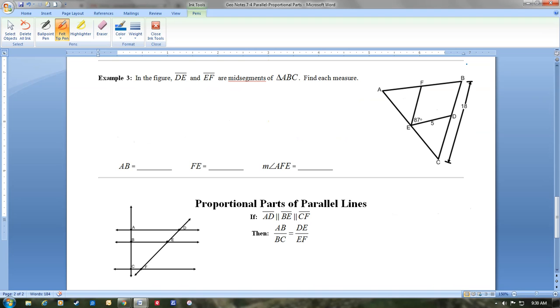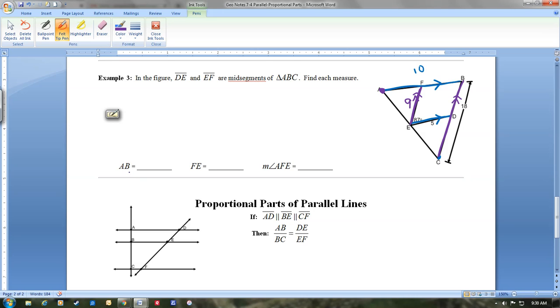So let's look at number 3. We don't have to show formulas, just mark up your picture. It says that DE is a midsegment, so that means it's parallel to this piece. And 5 is the average of 0 plus this, so we know that this whole piece is going to be 10. Then I'm going to change colors so we can see this better. EF is the midsegment of this, so those are parallel, and EF has to be half of 18 because it's the average of 18 and 0.